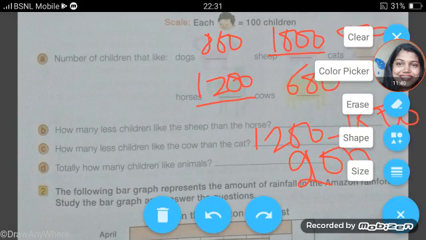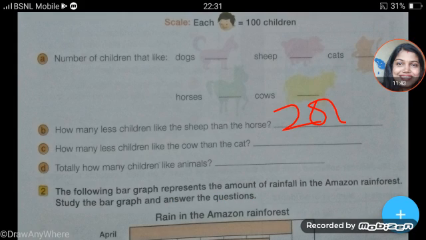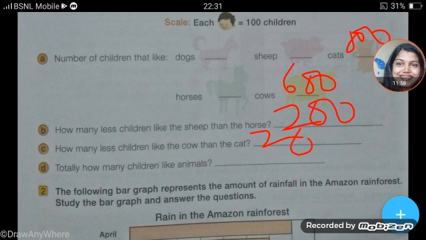So what is the answer, children, for the first one? It is 200. How many less children like the cow than the cat? So if you just see cow, we have already got 600 and cat is 800. So if you write 800 minus 600, which will give you 200.